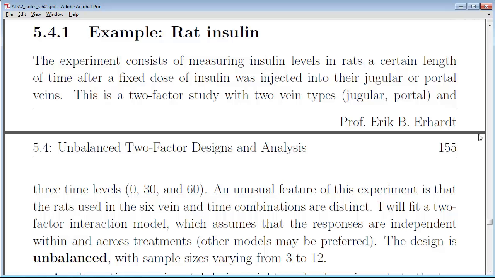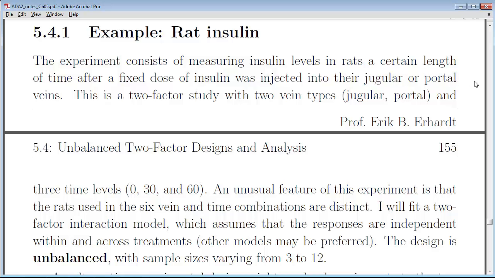All right, let's talk about rats and insulin. In this example, we are conducting an experiment to measure the insulin levels in rats a certain length of time after you give each rat a fixed dose of insulin, injected in one of two different ways, either through the jugular vein or the portal vein.